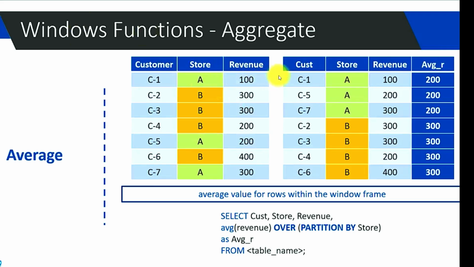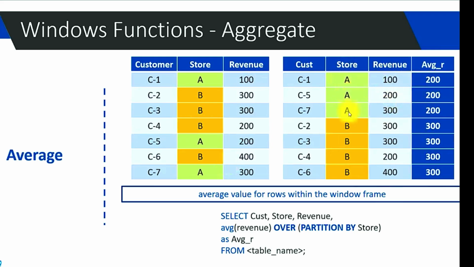So I want the average value of 200 to be in front of each one of these customers, C1, C5 and C7. Similarly, I want the average value of store B in front of each customer who is purchasing from store B. So I want a final table something like this.